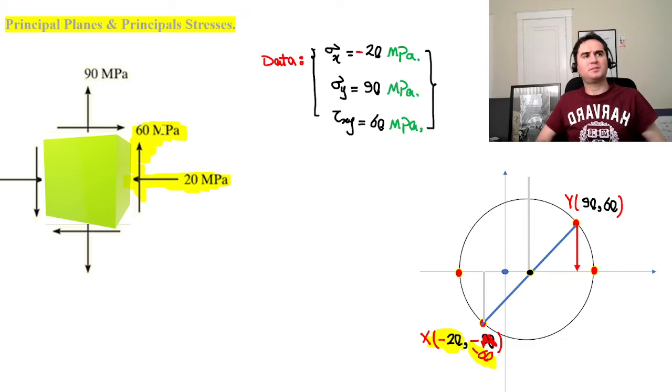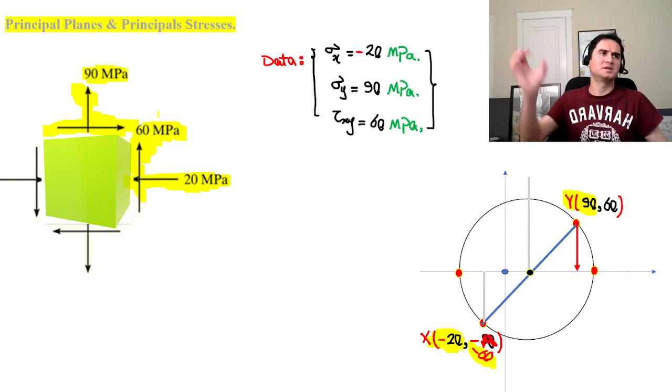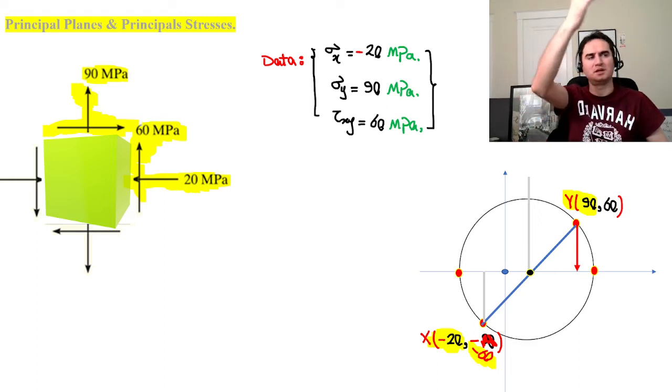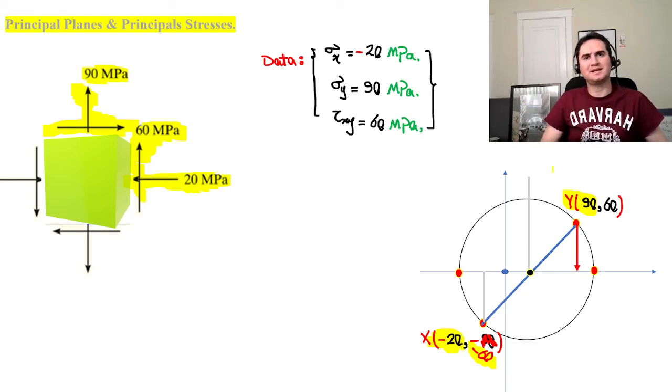So it goes by x, which is negative 20, a 20 megapascal push, and negative 60, a 60 megapascal counterclockwise rotation, and brings us to y of 90 tensile stress, which goes by y in positive 60. If you look at the y element, the shear tends to rotate it clockwise, so that comes above the x-axis.